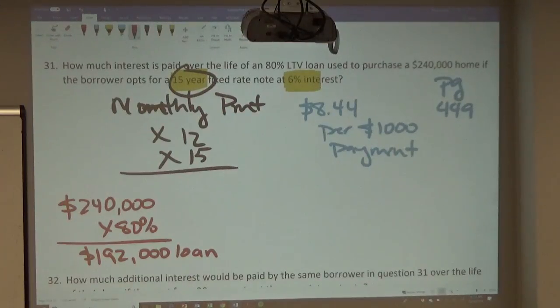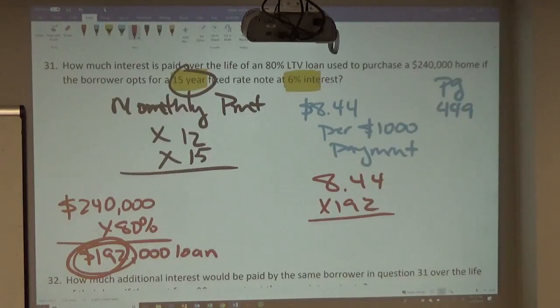So that $8.44 per 1,000 is going to get multiplied times this 192. And our monthly PI payment is $1,620.48.